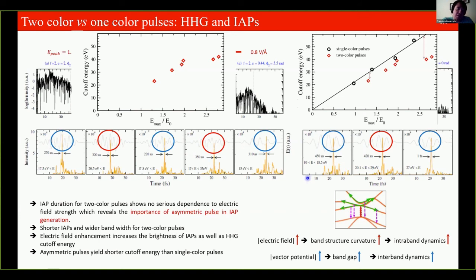So it's not like you will always obtain an asymmetric pulse from a two-color pulse, right? You can have a two-color asymmetric pulse or a two-color symmetric pulse. Because of the phase difference, it's not symmetric, and now our pulse is asymmetric. Okay. Thank you very much for the question.